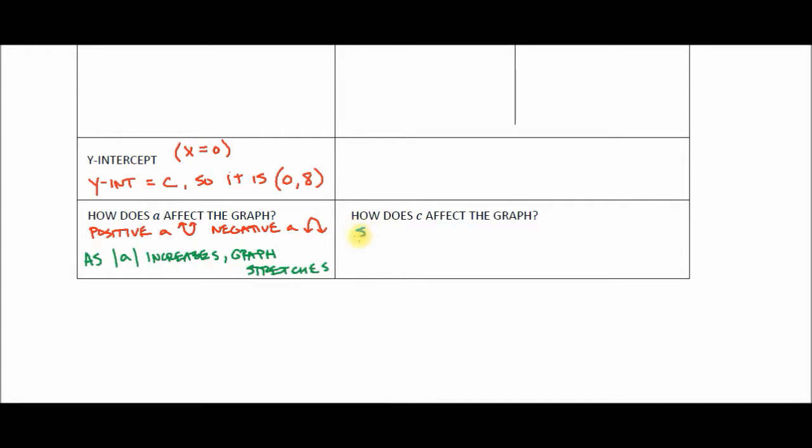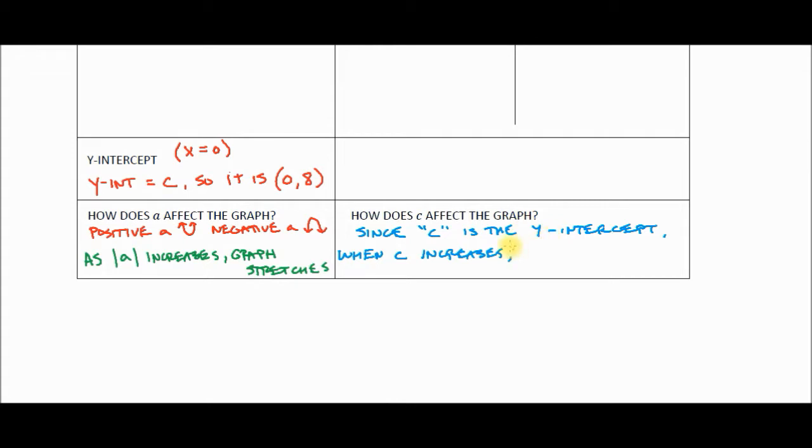Since c is the y-intercept, when c increases, think about it.